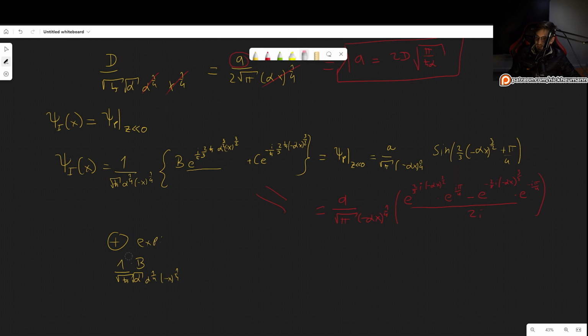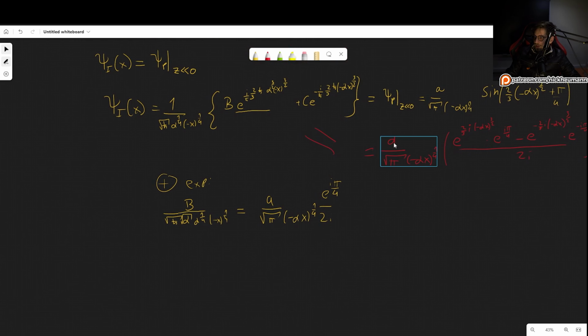So maybe just get rid of the 1. There we go. And this has to be equal to, and now let's take a look at it. So then we have this thing, so a square root of pi minus alpha x to the 1/4, and then we have 2i here as well, and also e to the i pi over 4.